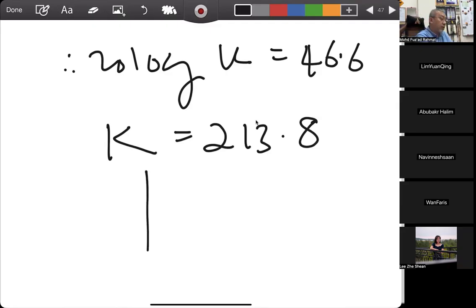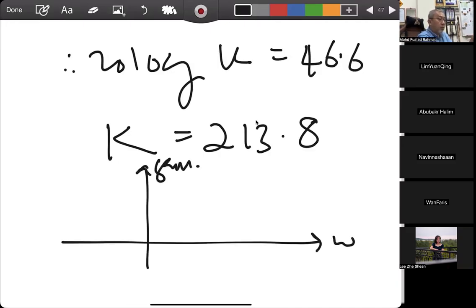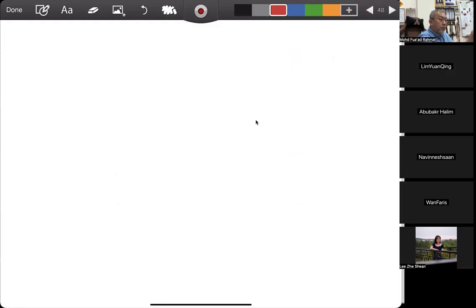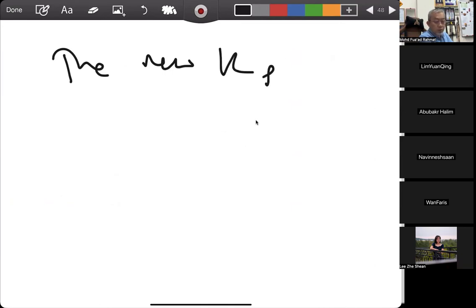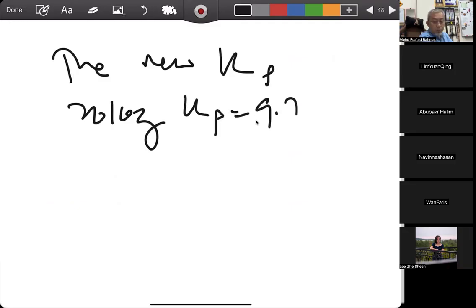So if you look at the gain, okay, which is 9.7. So the new KP is 20 log KP 9.7. KP is 3.05. Okay.